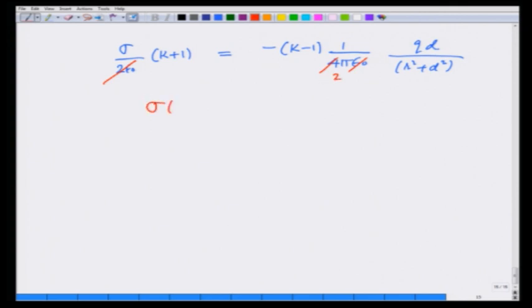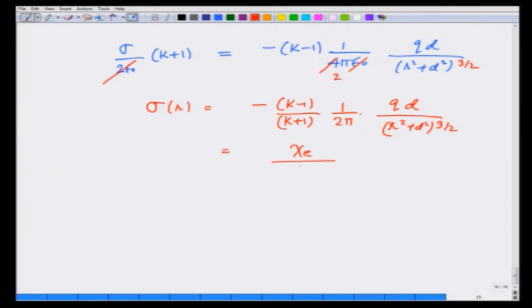Sigma at r is going to be equal to minus k minus 1 over k plus 1 times 1 over 2 pi q d over r square plus d square raised to 3 by 2. There is a factor here which is nothing but chi e over 2 plus chi e. Remember, k is 1 plus chi e, so sigma is minus chi e over 2 plus chi e times 1 over 2 pi q d over r square plus d square raised to 3 by 2.